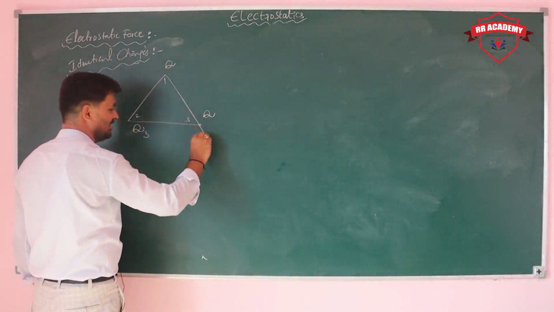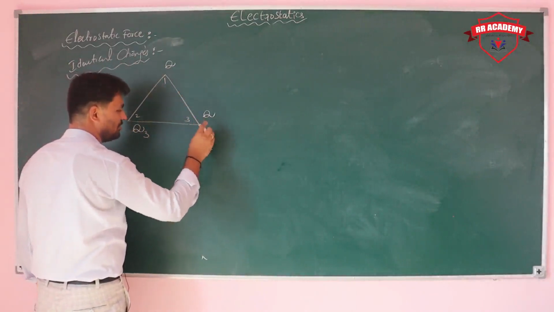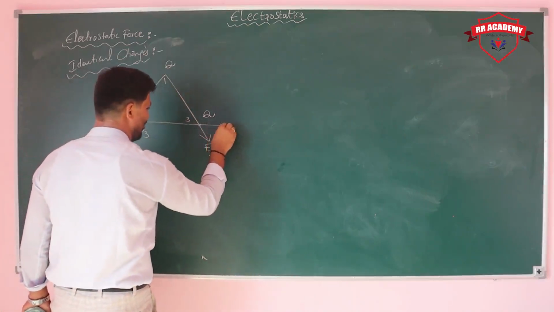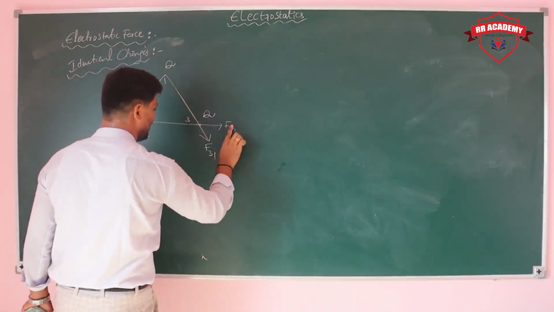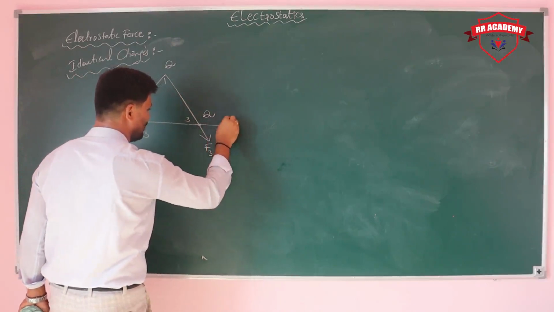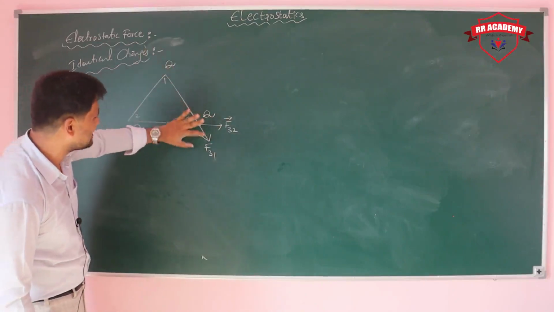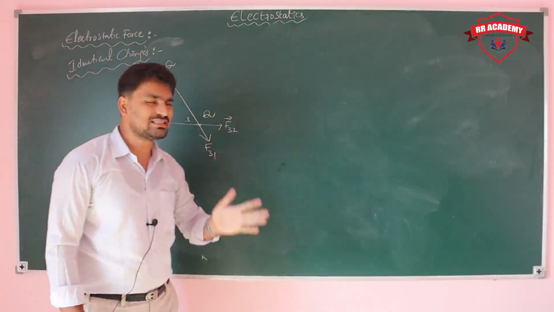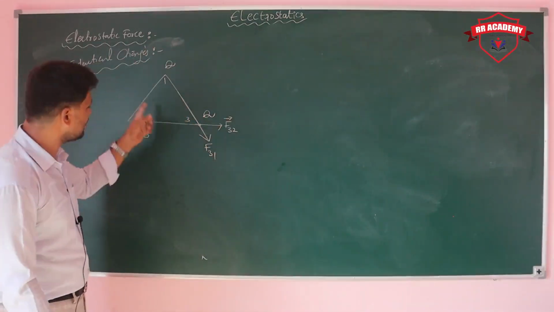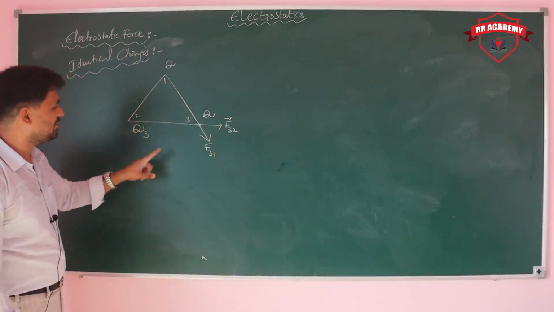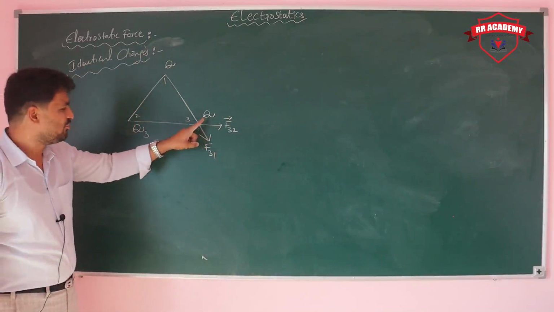This is the force on 3 by 1, and this is the force on 3 by 2. So here I want to find only the force acting on any one charge. You can take any charge, not only 3. You can take 2 or you can take 1.